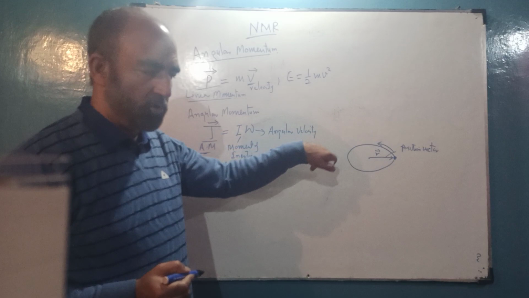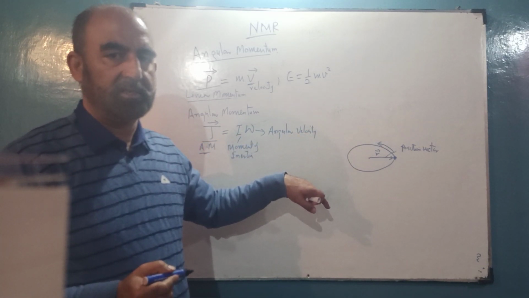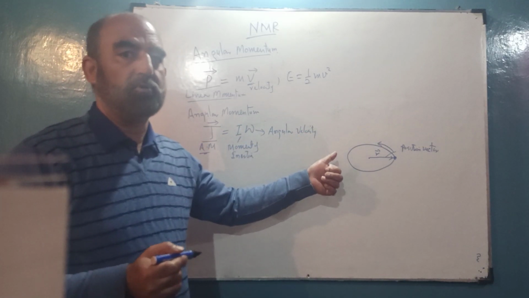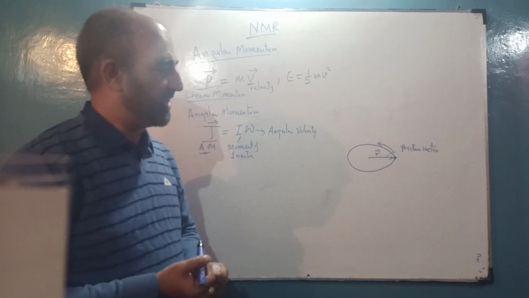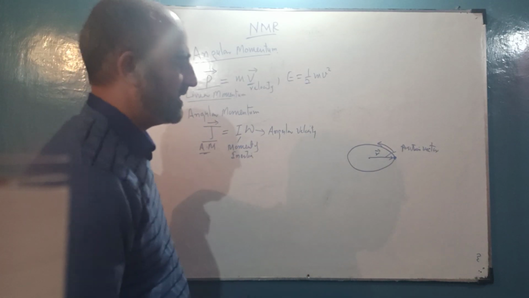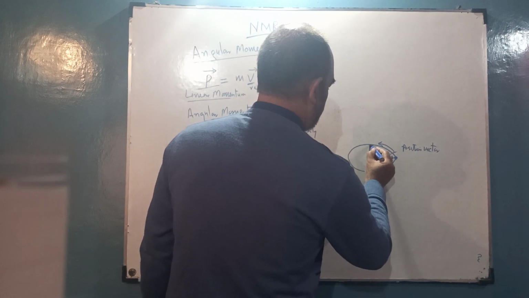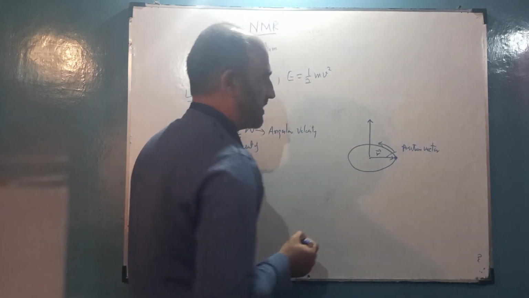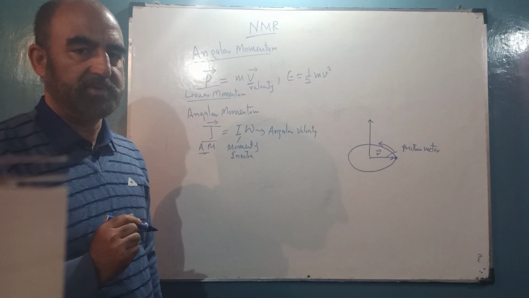So this circular motion in a plane about a center will impart an angular momentum to this object, and that angular momentum is shown by a vector.